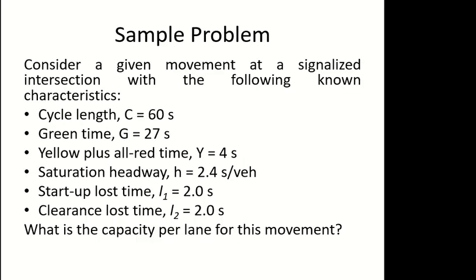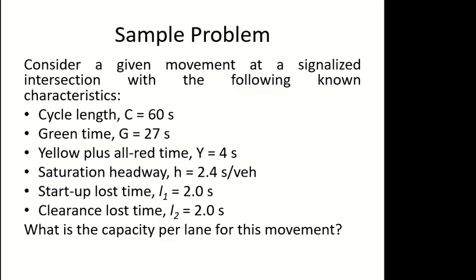This one is the capital G, the time when the signal is showing green light. So this is not effective green. Then we have the yellow plus all red time, which is 4 seconds. Saturation headway is 2.4 seconds per vehicle minimum. The vehicles reach a minimum headway of 2.4 seconds. Then we have the two loss times.